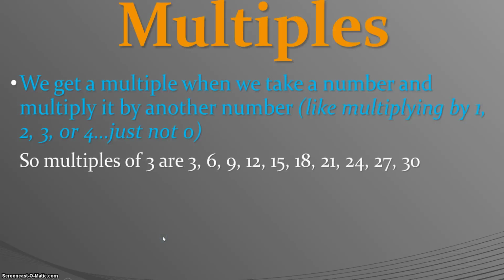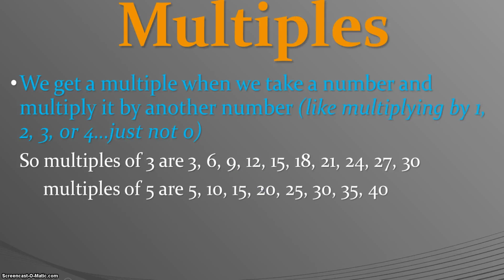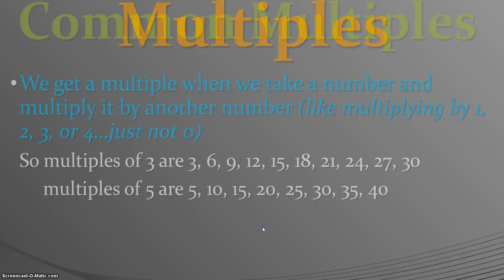So multiples of 3 are 3, 6, 9, 12, 15, and so forth, because we took 3 and multiplied by 1, and then 3 times 2, and then 3 times 3, and 3 times 4, and we just kept going. So then multiples of 5 are 5, 10, 15, 20, etc. Because again, we took 5 and multiplied by 1, and then by 2, and then by 3, and so on.